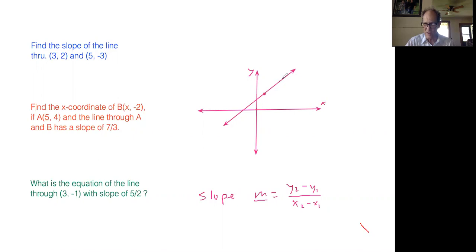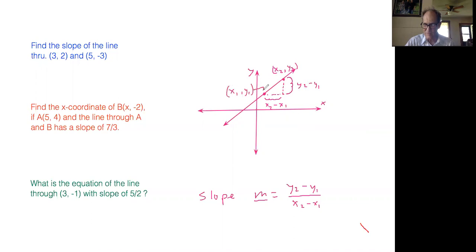The slope will be the fraction that you have when you take any 2 points and find out what that vertical distance is, y2 minus y1, and put that distance over the horizontal distance, x2 minus x1, where this point right here would be x2, y2, and this point down here would be x1, y1.